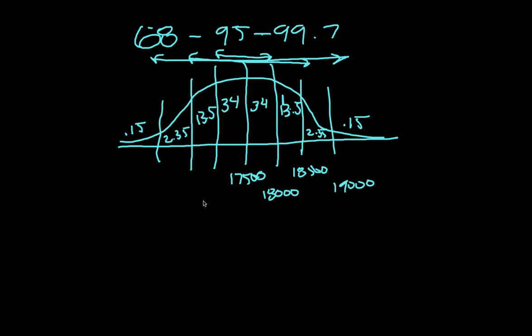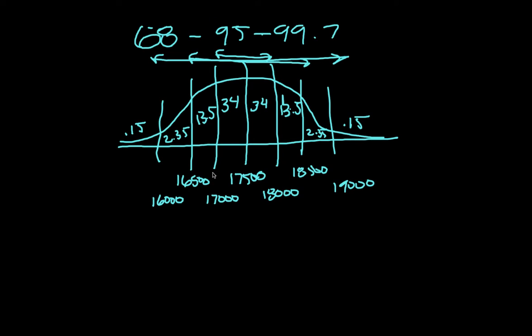Then I come over here. This one is going to be 17,000. This one's going to be 16,500. And this one's going to be 16,000, sorry. Okay, so the first question asks how many people paid between 17,000 and 18,000.